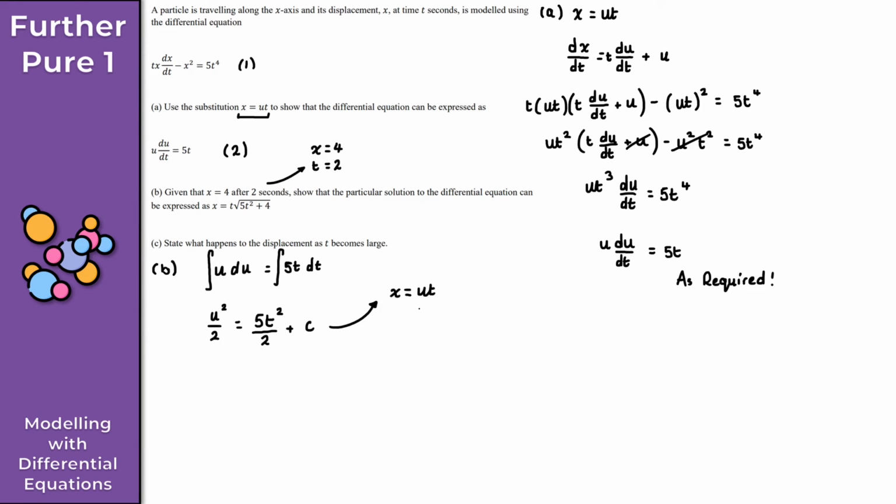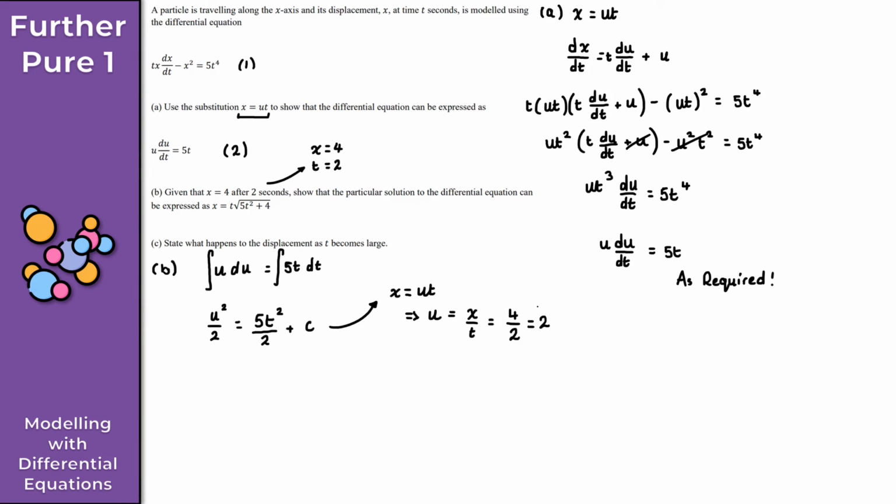And we know, based on this substitution, x is equal to ut. Okay, so let's rearrange for u. So u is equal to x over t. Well, x is 4, as we can see here. T is 2, so I get 4 over 2, which is 2.